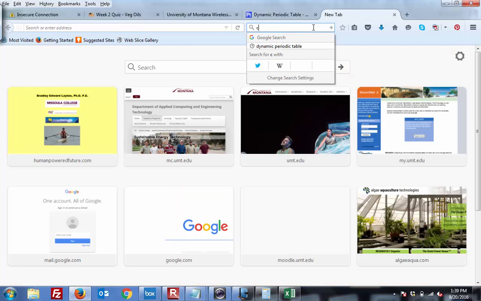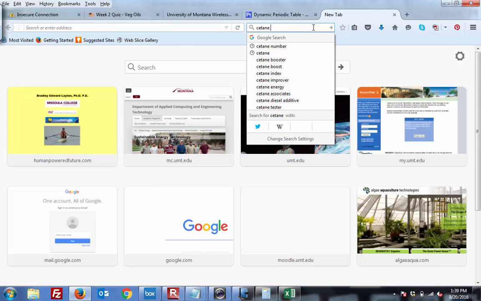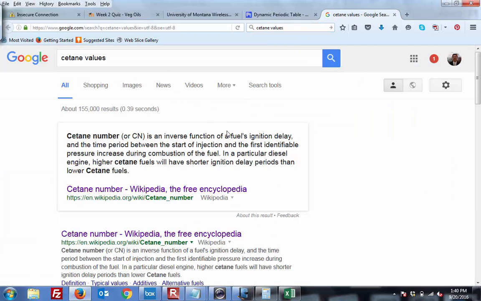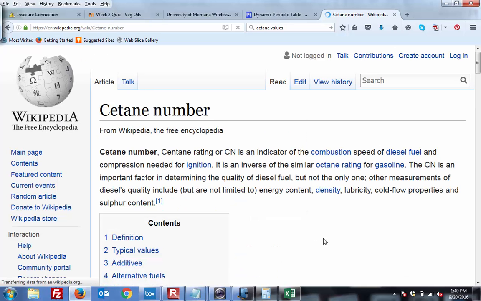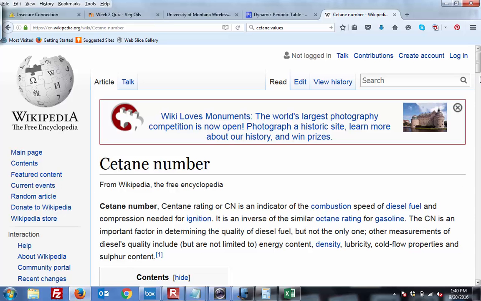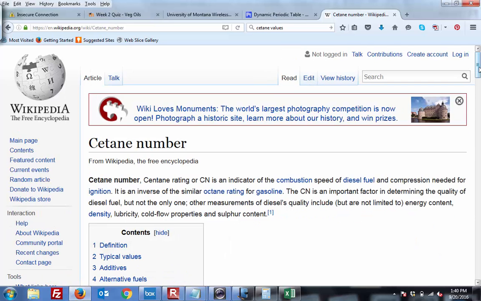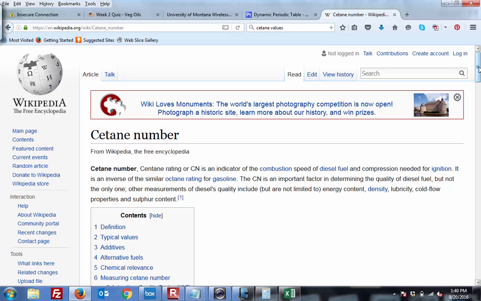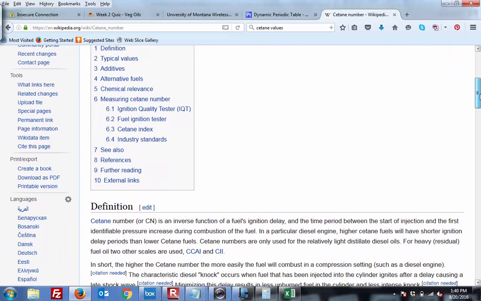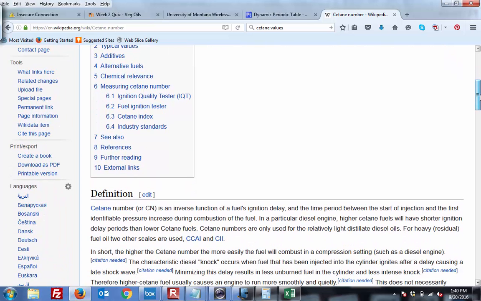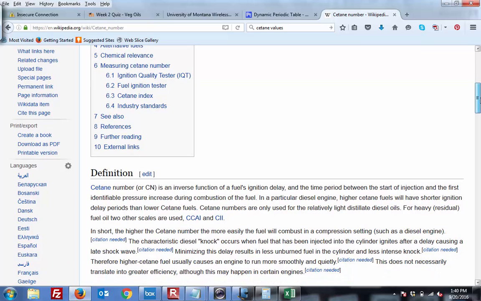Let's just go and look up cetane. Jump right to the wiki page. Let's hit it. So it's a measure of the combustion speed. I think what's confusing about the question is that I don't think its units are in stokes.